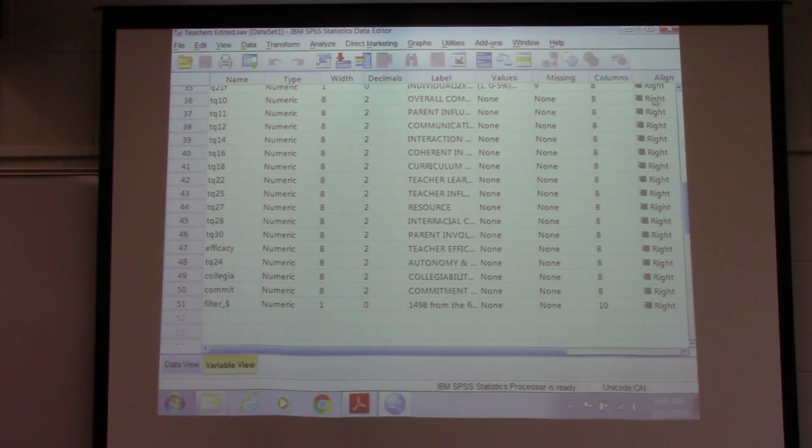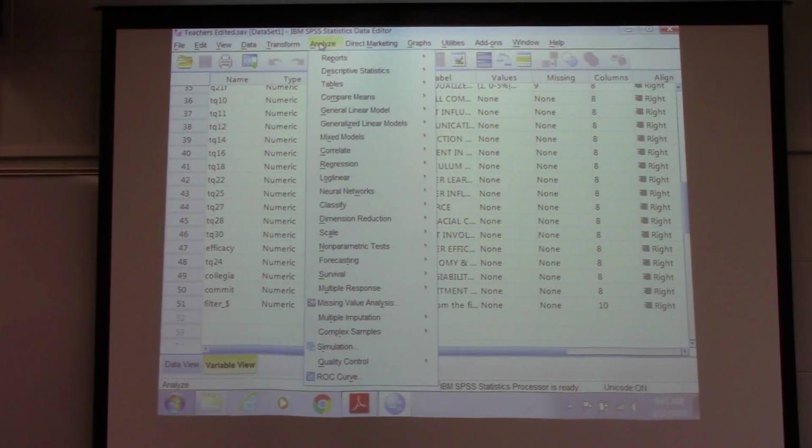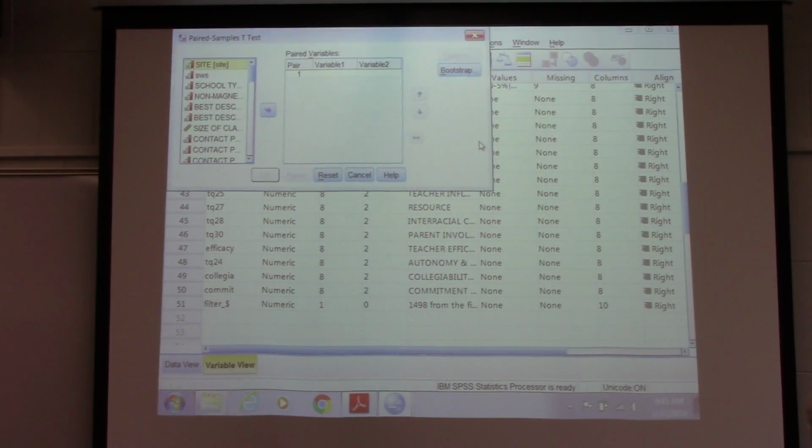So what I'm going to do, I'm going to go up to Analyze. I know I'm in causal comparative, so I'm going to go down to Compare Means, and I know I'm in a paired sample t-test because I have one sample with 2 paired variables. So I'm just going to click OK, and the variables pop up for pair 1.